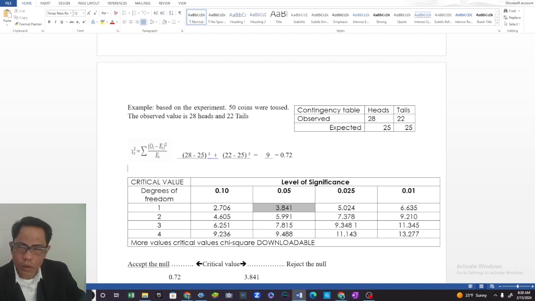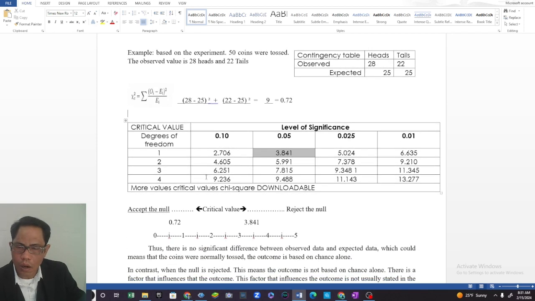So 28 minus 25 squared over expected values, plus 22 minus 25 squared over expected values, equals 9 over 25 for the first observation, and 9 over 25 for the second. And that's 9 over 25 is 0.72.